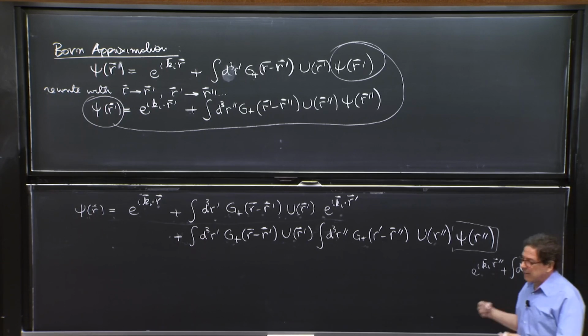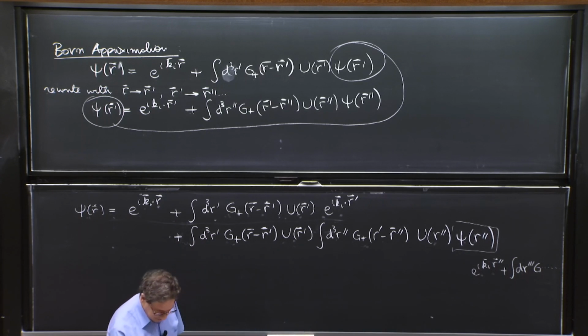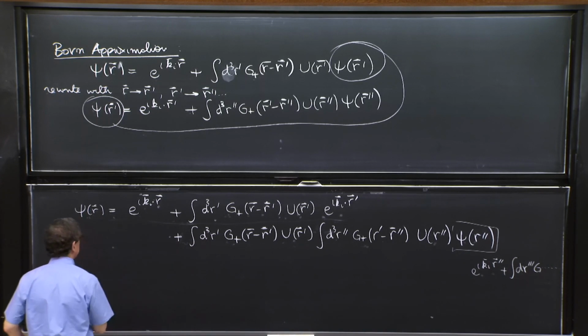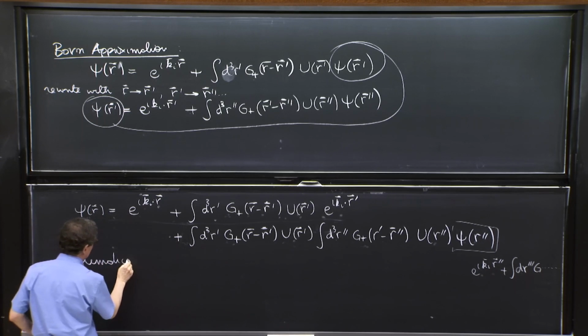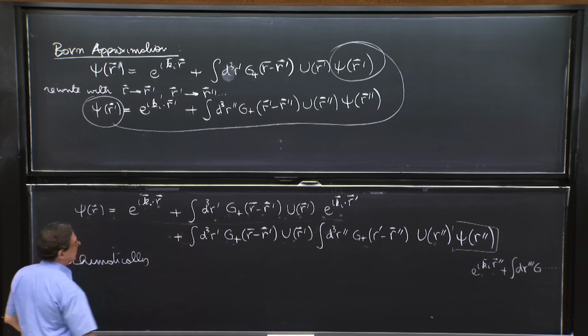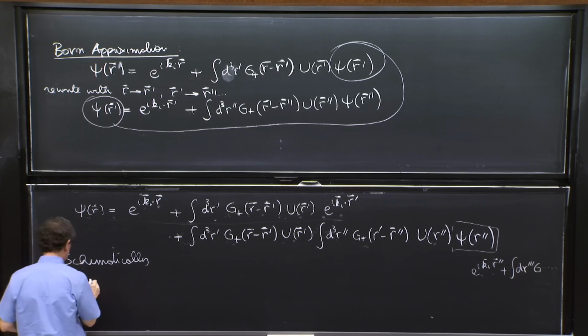So let me write the whole Born approximation schematically. I could write 3 terms explicitly, or 4 terms if you wish, but I think the pattern is more or less clear now. What do you have?